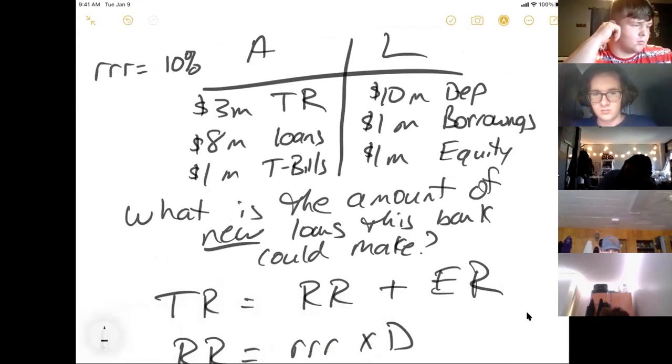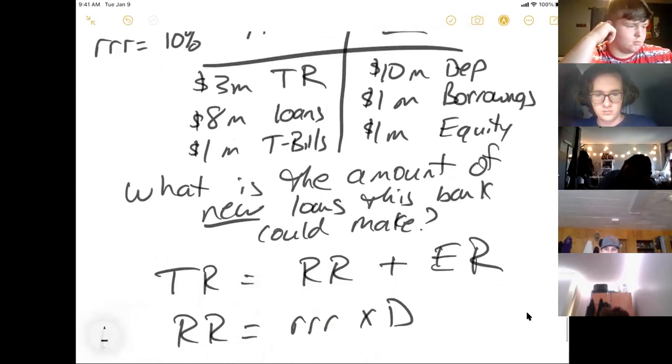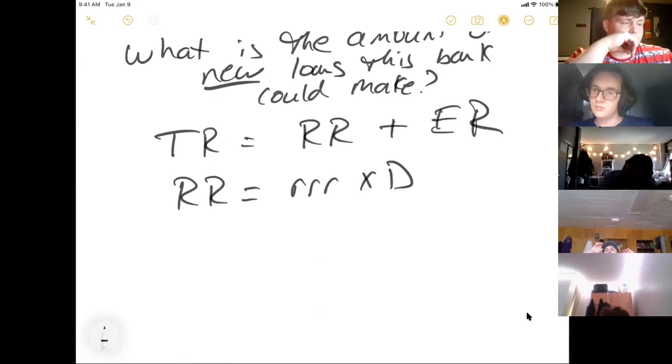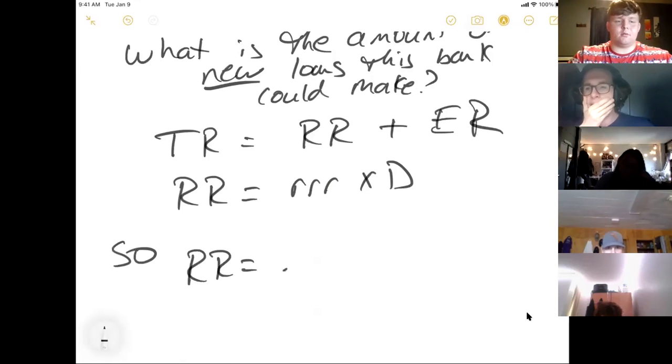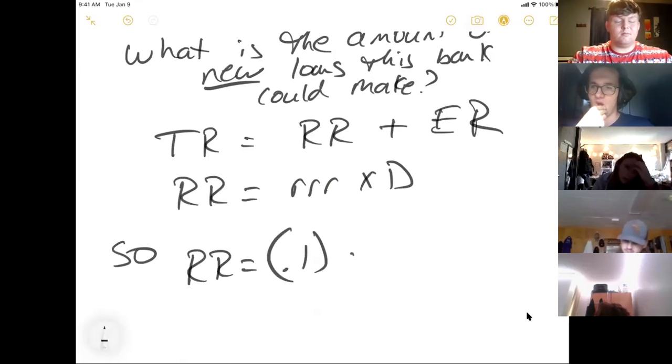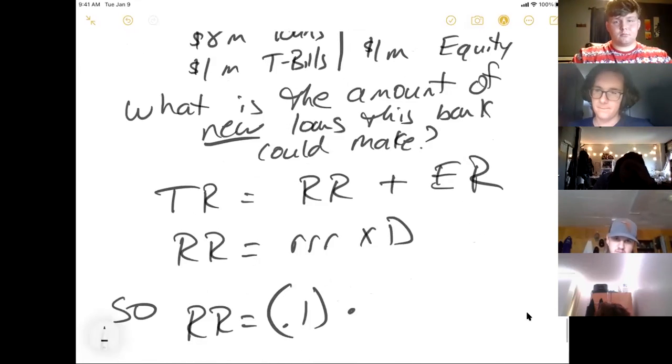So 10% of deposits a bank has to keep as required reserves. In this example, required reserves are 1 million, 10% times the amount of deposits.